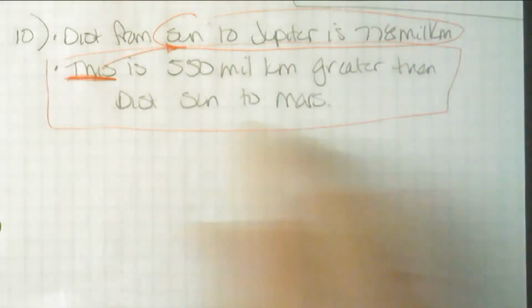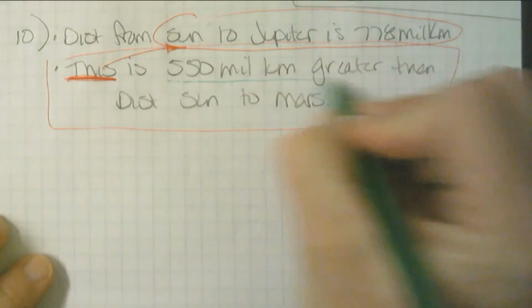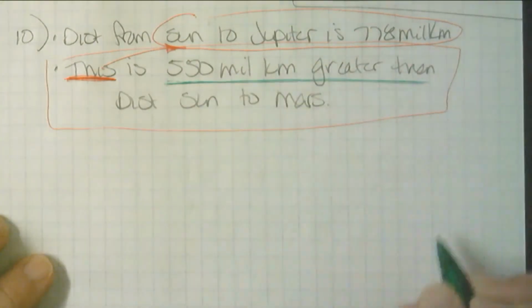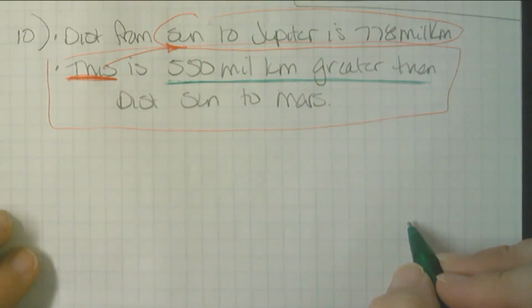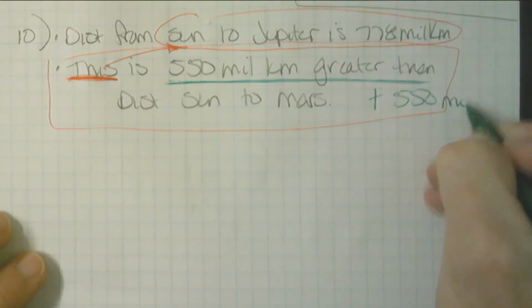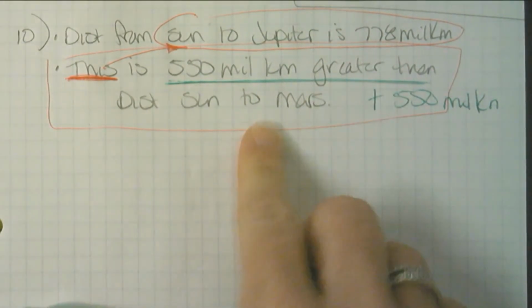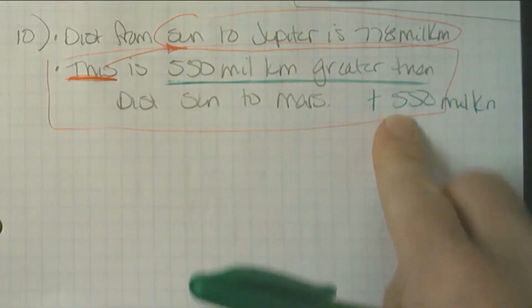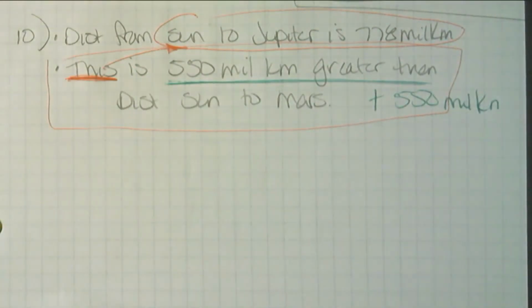If I have 550 million kilometers greater than, Jagger, what does this mean? What did you just say to me in the last one? Addition. Aren't I adding 550 million kilometers? How many of you guys see that that's what that says? Okay, based on this sentence, what am I adding that 550 million kilometers to?